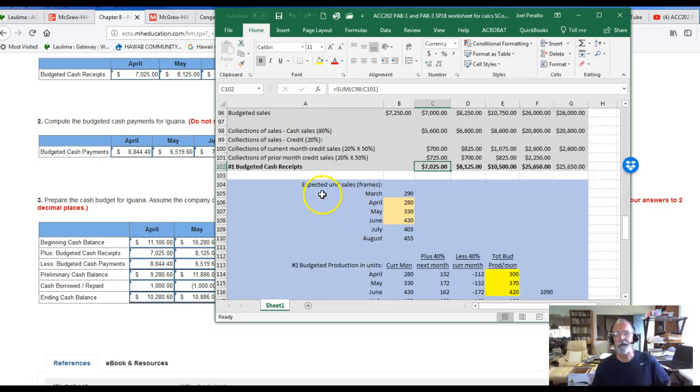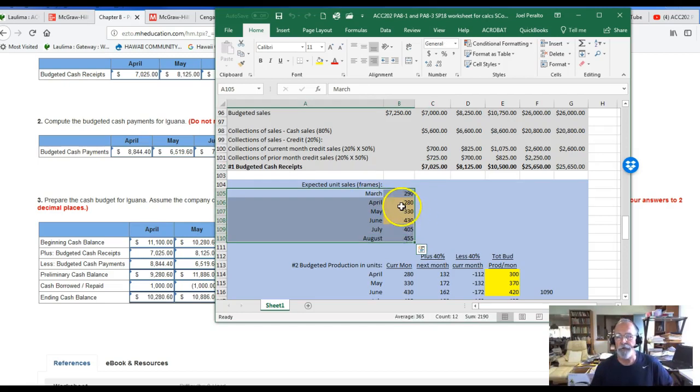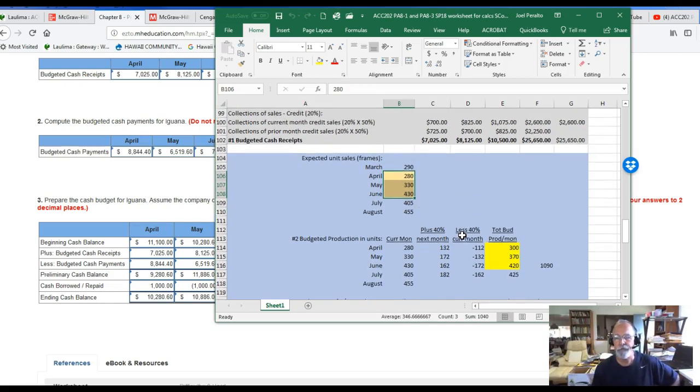We start out again with expected unit sales. Now this is right out of the problem, and all I'm doing here is highlighting the 3 months that we are focused on in terms of coming up with the answer.